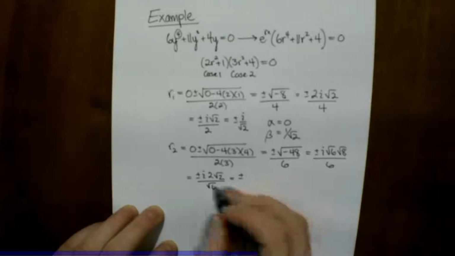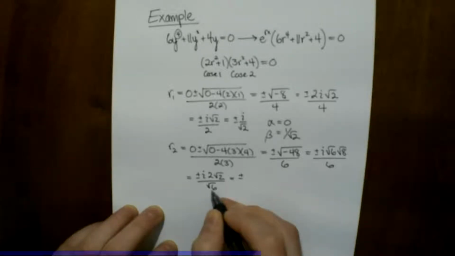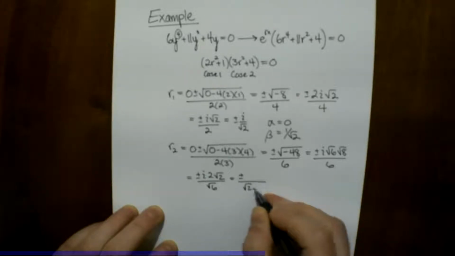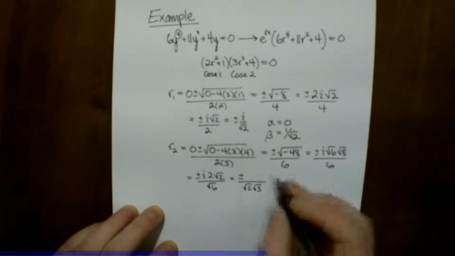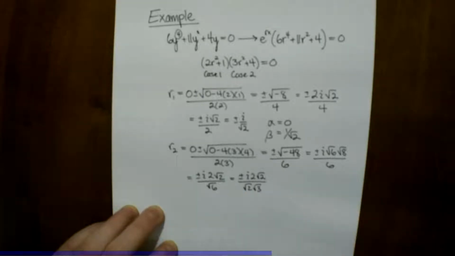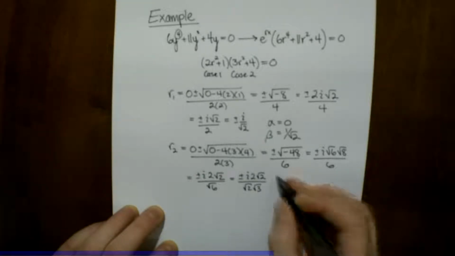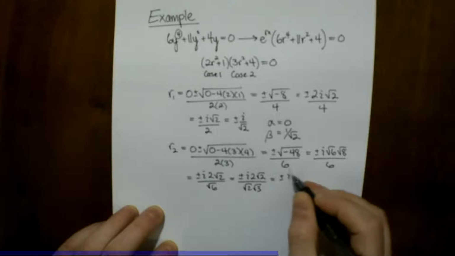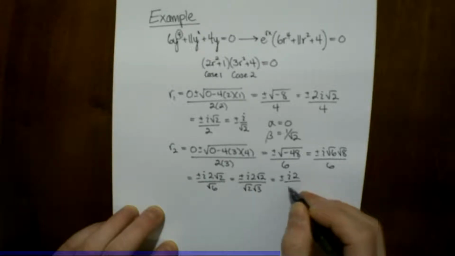Then plus or minus, well, the square root of 6 becomes square root of 2 square root of 3, and we still have the i times 2 root 2 in the numerator. And then canceling our root 2's, we are then left with plus or minus i times 2 over the root of 3.